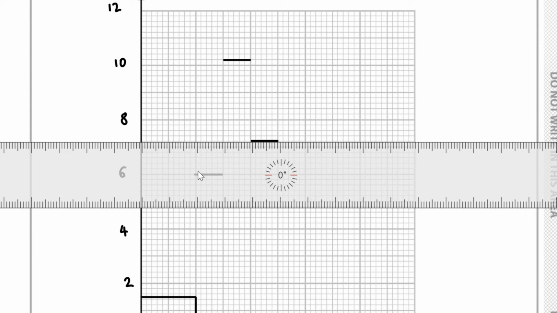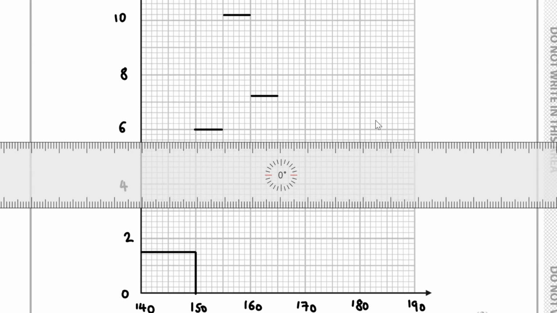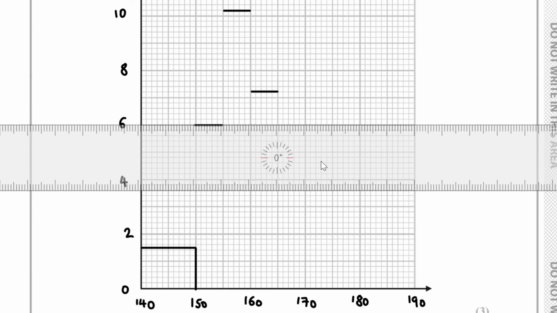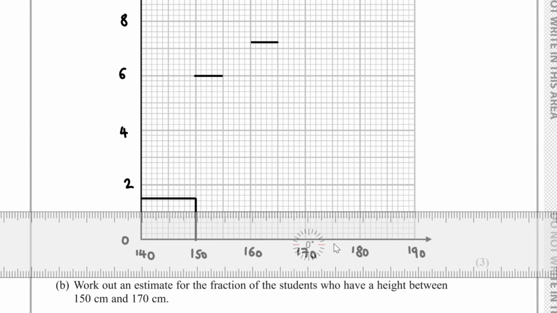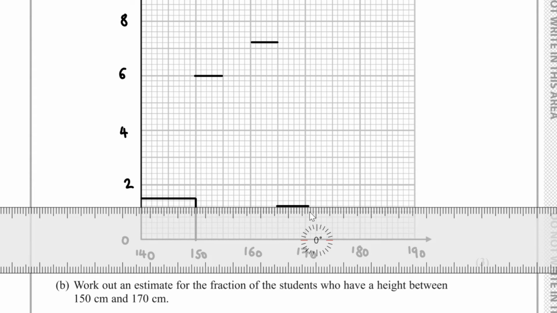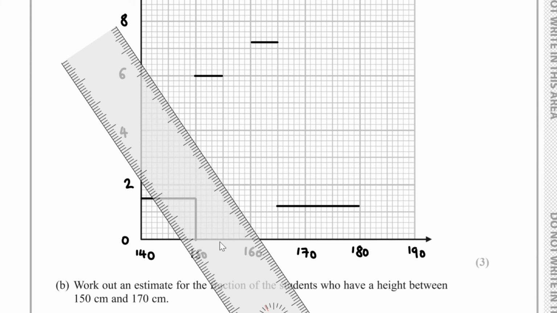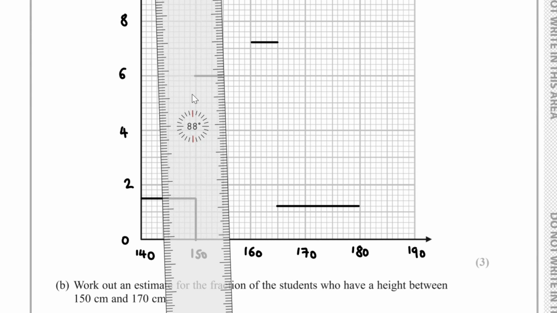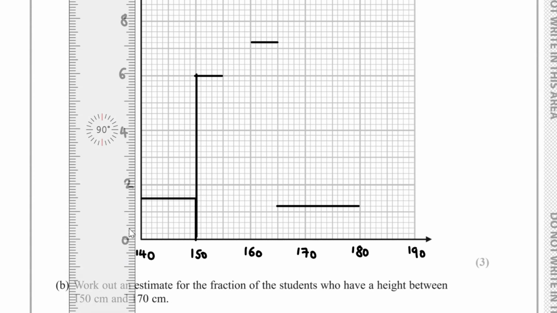And then we've finally got 1.2 with a class width of 15. So the 1.2, that goes over here, and that takes us up to the 180. So now all we have to do is join all these up with a straight line. So if we do that, we've got something, well, let's just rub this out.